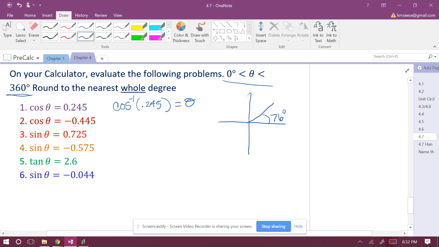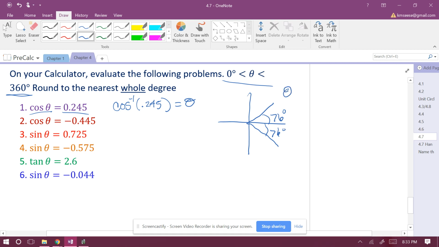That is correct. But the thing is, cosine isn't only positive in quadrant 1, because right now I have cosine being positive. It could also be positive in quadrant 4. So this 76-degree angle could be in quadrant 1 or quadrant 4.